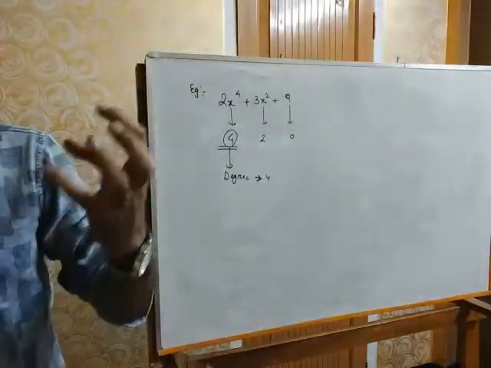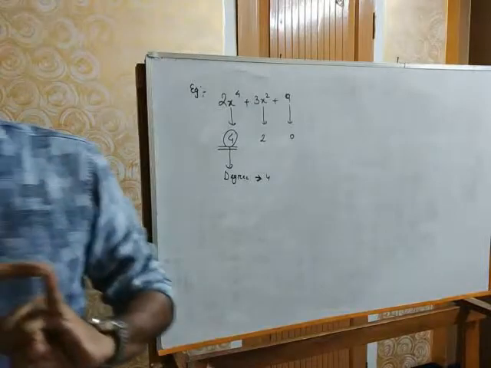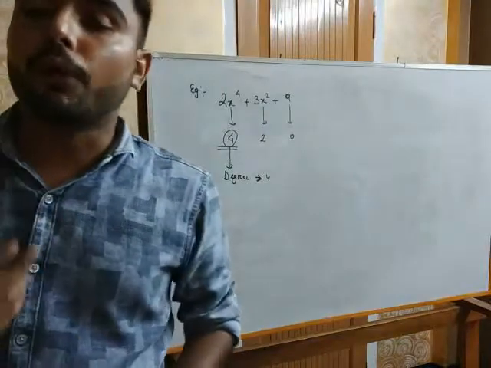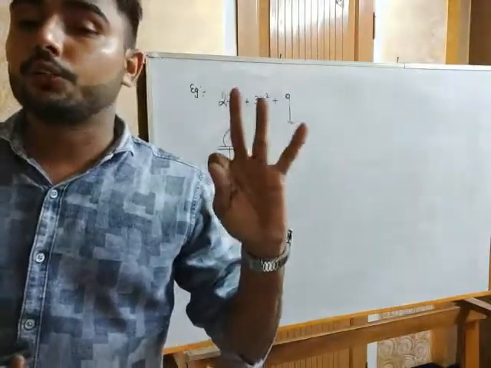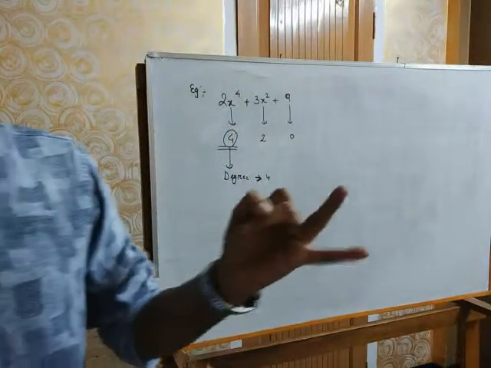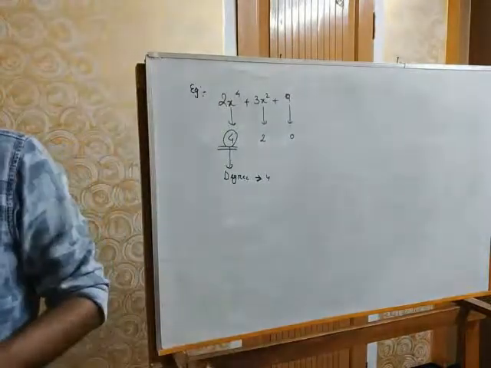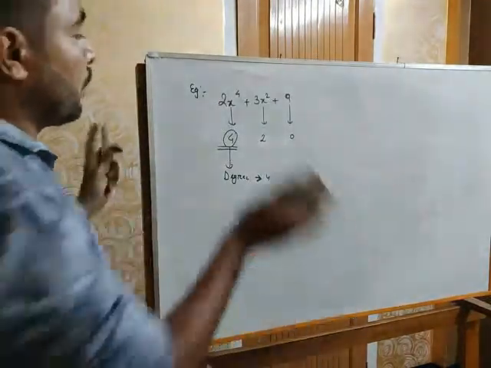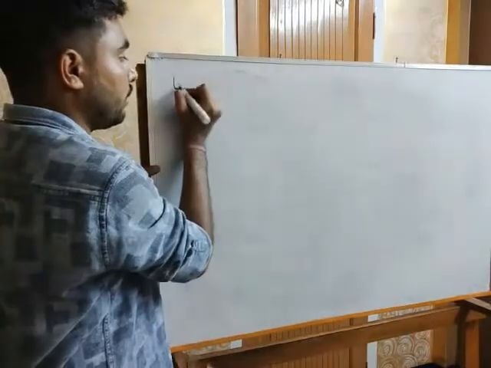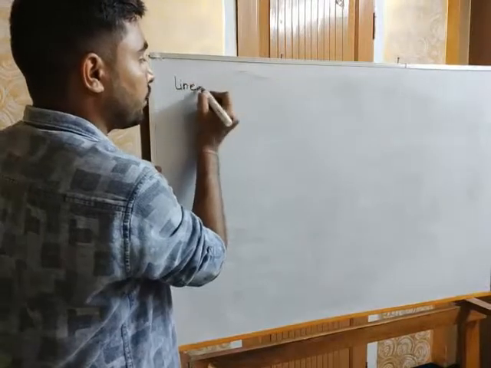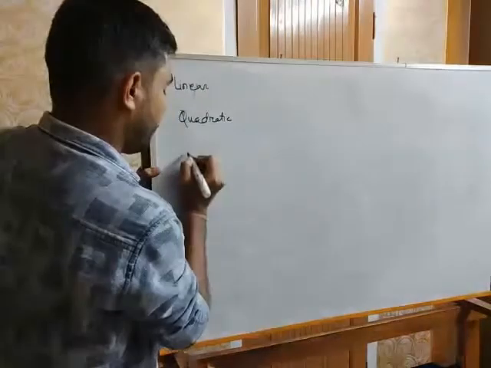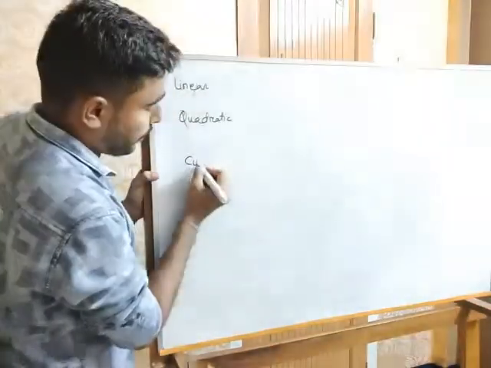On the basis of degree we can classify algebraic expressions or polynomials as linear polynomial, quadratic polynomial and cubic polynomial. You can shuffle the order, that doesn't matter. First let us discuss linear polynomial, then quadratic polynomial, then cubic polynomial.